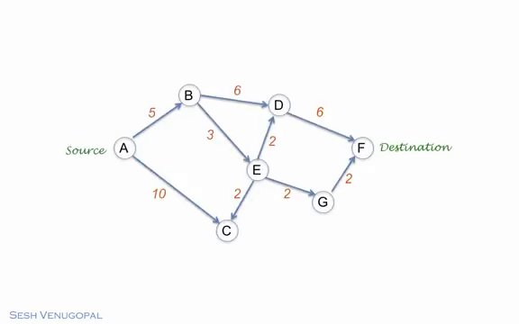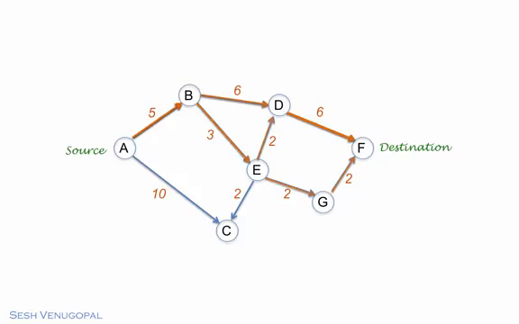We want to find the shortest path from point A to point F. In other words, A is the source and F the destination. There are several paths from A to F. There's ABDF, there's ABEDF, and there's ABEGF. Now let's look at the lengths of each of these paths.